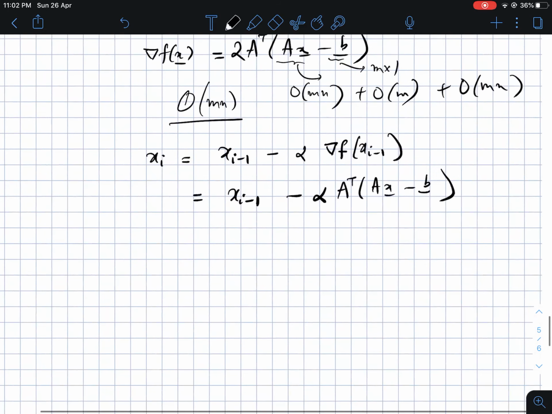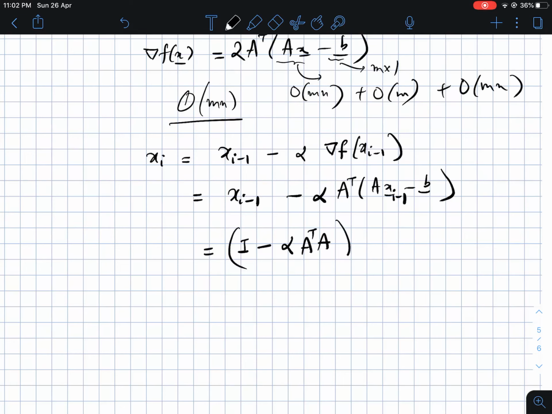Let me do a little bit of rearrangement of terms and write it like this: minus alpha A transpose A multiplied with x_{i-1}, plus alpha A transpose b. That's what it will be. This is going to be x_i.